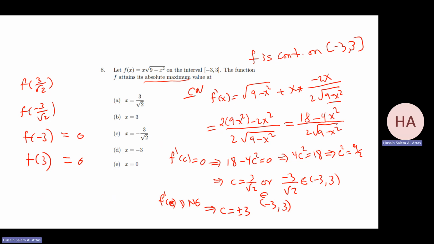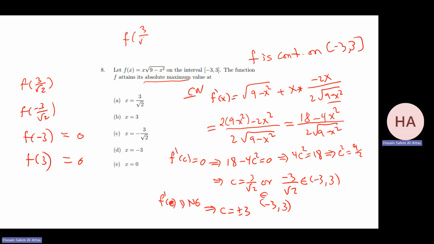F of 3 over square root of 2 will be what? Let me do it here.